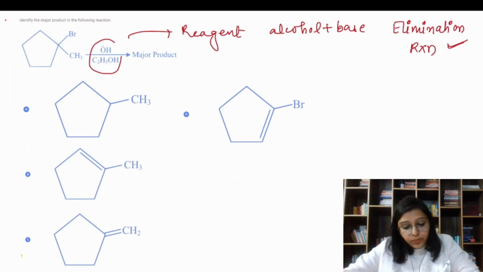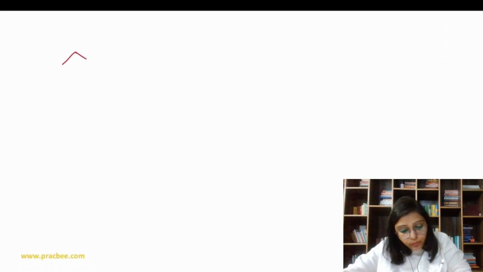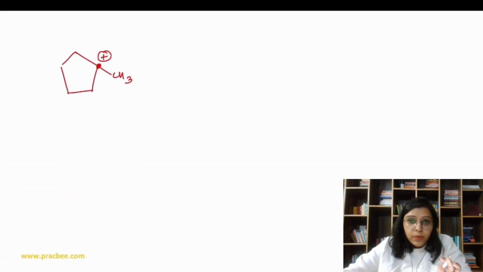So see, if we see this one, this is a 3-degree alkyl halide. Okay, this is a 3-degree alkyl halide. So what happens? We are going to perform an E1 reaction, right? E1 elimination reaction. So what we are going to do? First remove Br. This is CH3. So on removing Br, we have a positive charge on this carbon, right? Positive charge on this carbon.